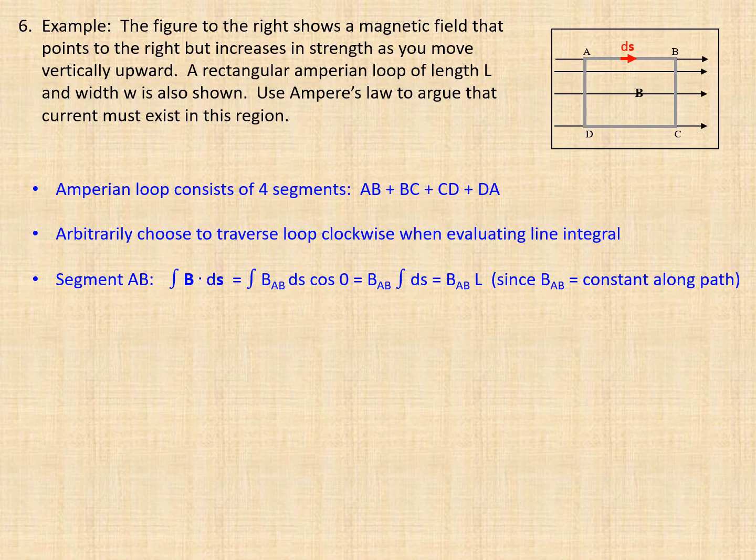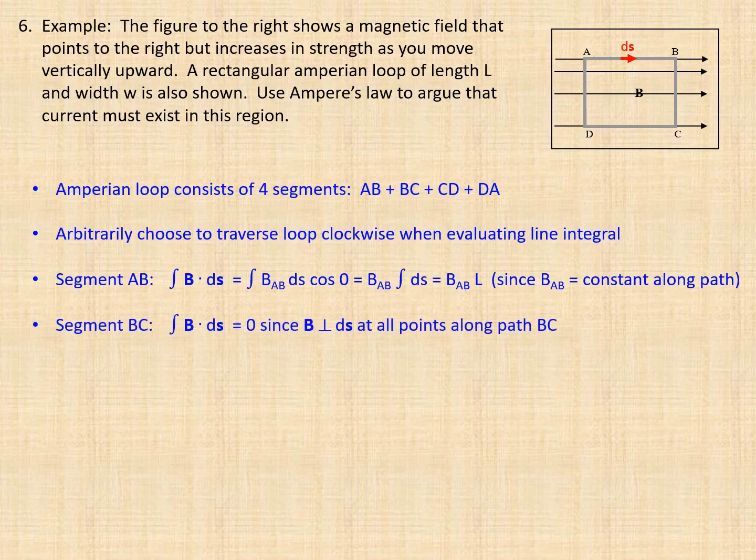Also note that B is constant over the entire portion of the path, which allows us to take it outside of the integral. Thus, the integral of ds over the path AB is simply the length of the path L. Multiplying by B sub AB, we get our expression for the line integral.